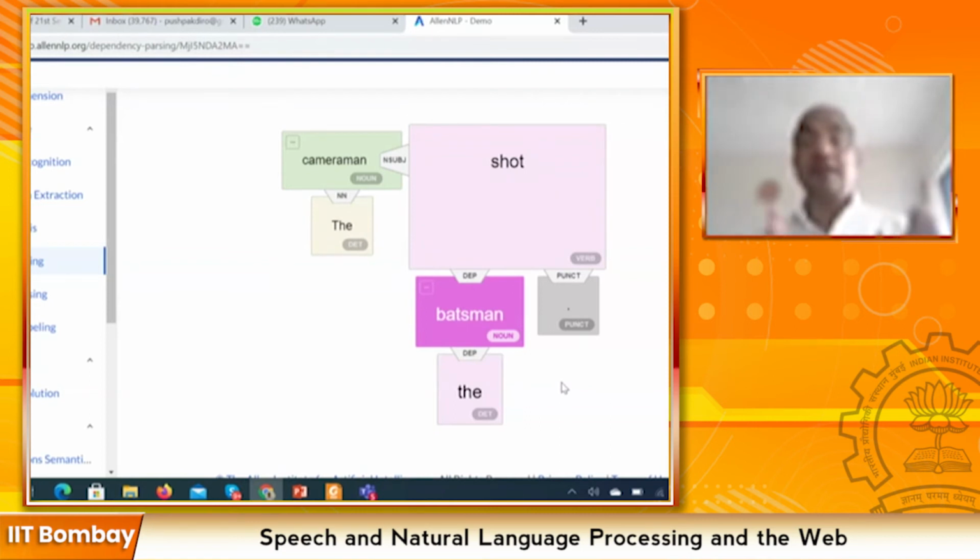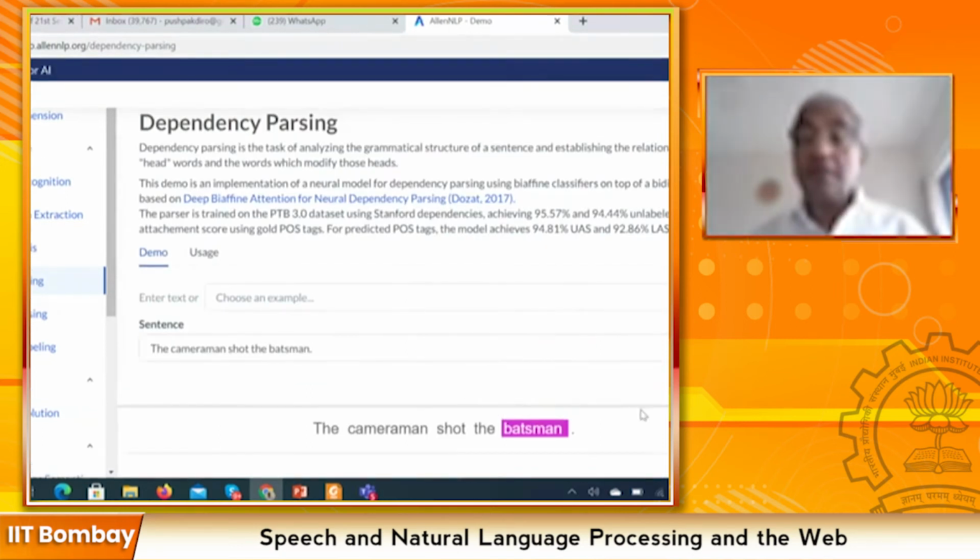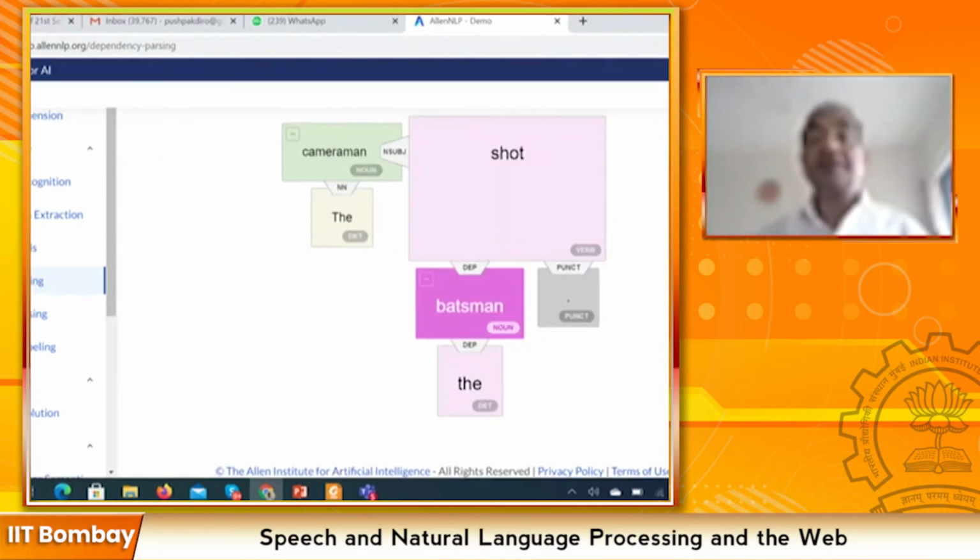It is just saying that shot has a dependency with the batsman as a structure, and batsman and the have dependencies. The cameraman has a dependency with shot, but the dependency is now more precise. It is nsubj. So this is the structure that is given here.